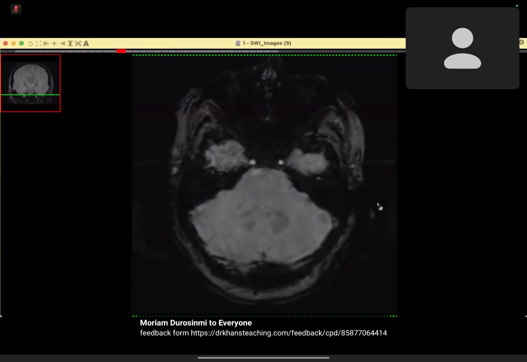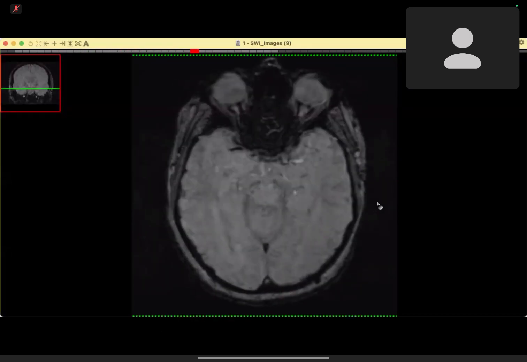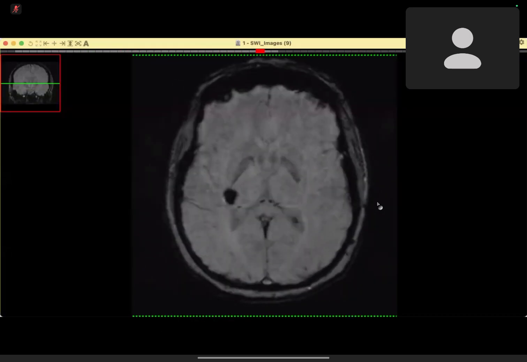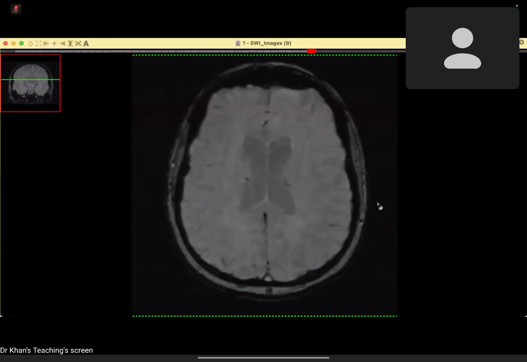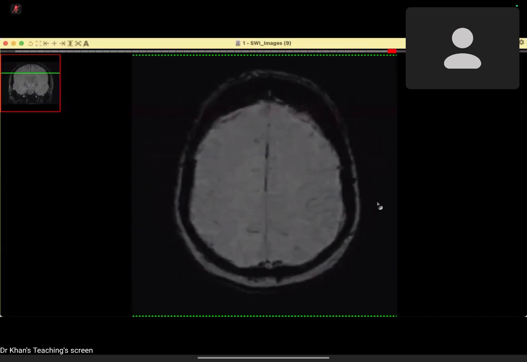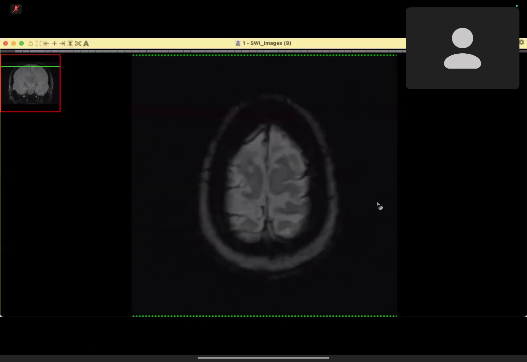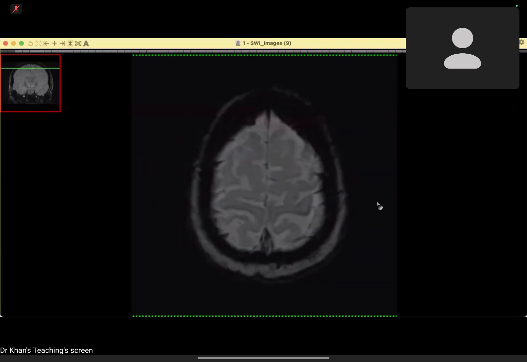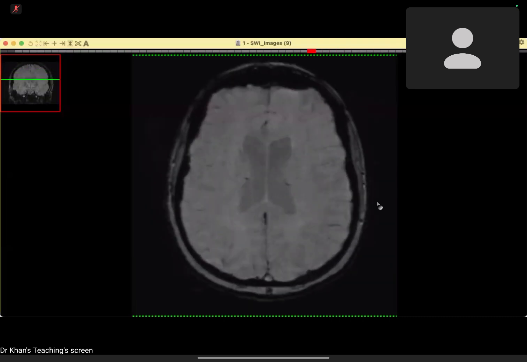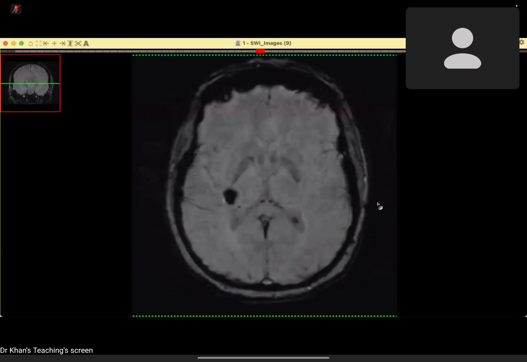Until now, I cannot see any similar susceptibility artifact. So there is only this one cavernoma. In my routine practice, I will check the system if there are any previous images for comparison. If not, I will communicate my findings to the referring doctor.